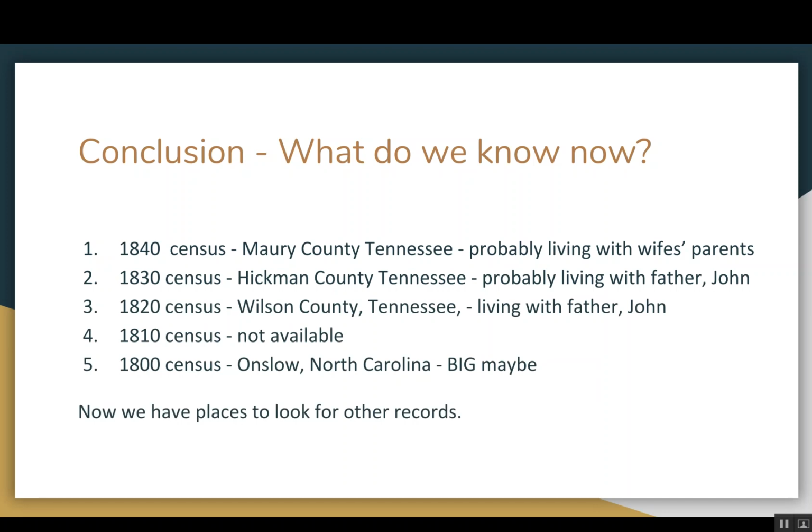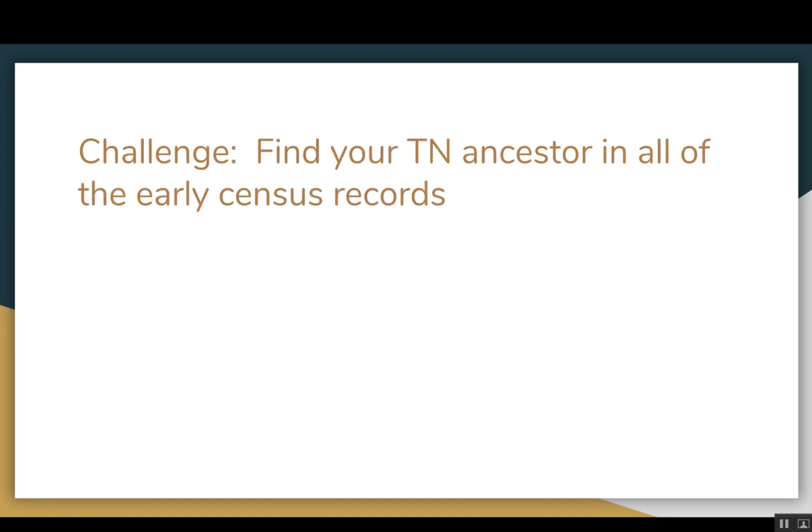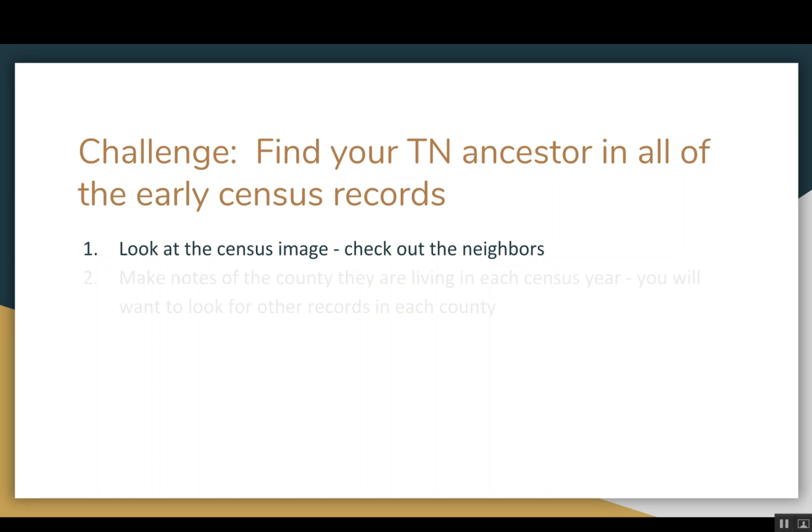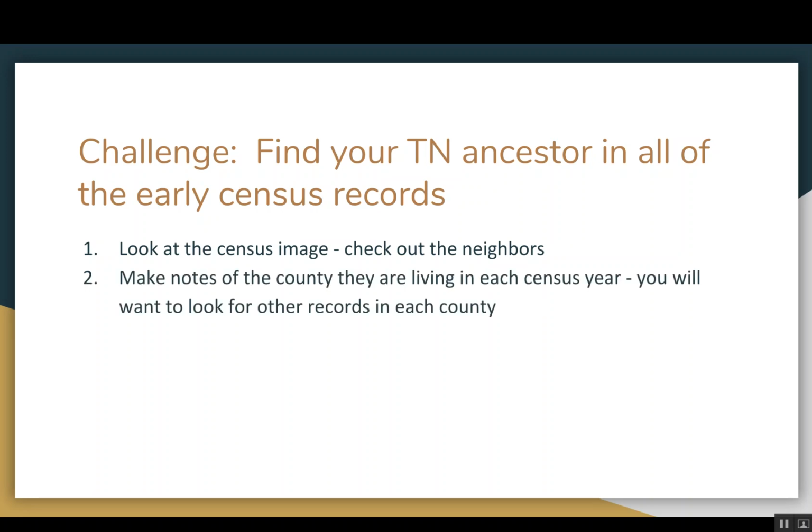So what's really nice about doing these searches in these old census records is that we have places now to look for other records. So I want to challenge each of you to find your ancestor in all of the early census records that you can. Be sure to look at the census image, check out the neighbors. If you can't find, where I didn't find any Alfred Langleys, look for last names and look for neighbors and see if you can figure out some information just from that.